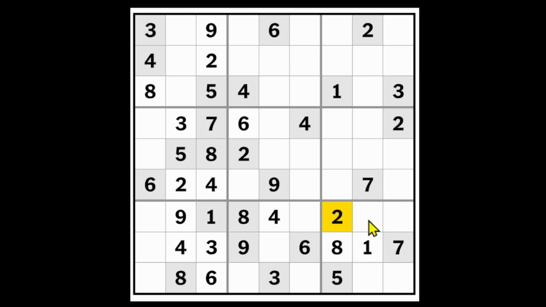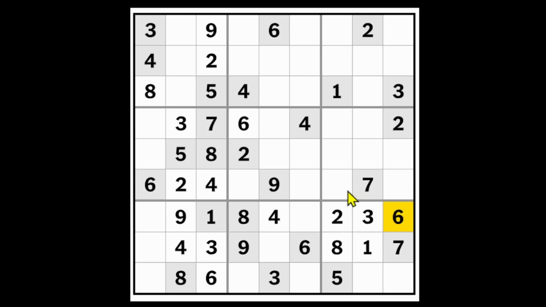And we know, of course, that these two have to be a 3 and a 6 because we've established that quite a few minutes ago already. So this being a 3 now places a 3 here and a 6 here. Now we need a 5 and a 7 to complete the row.